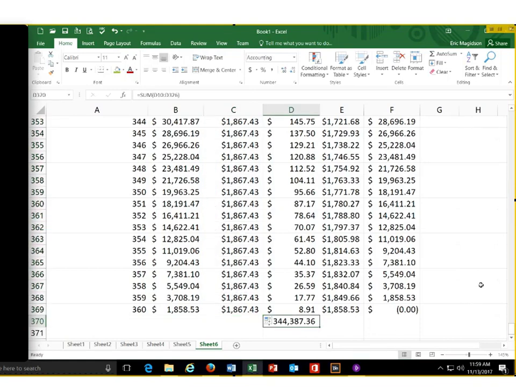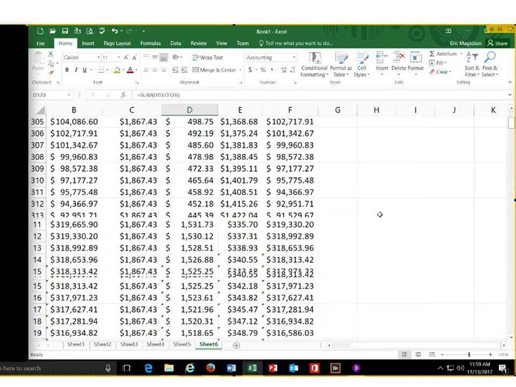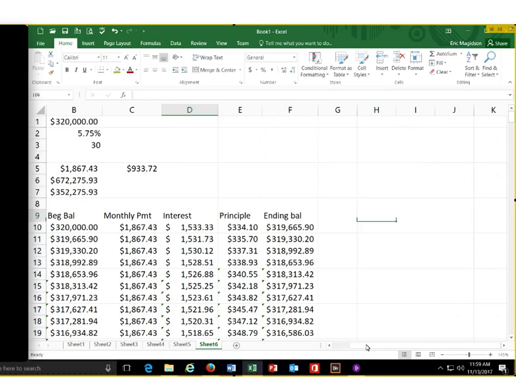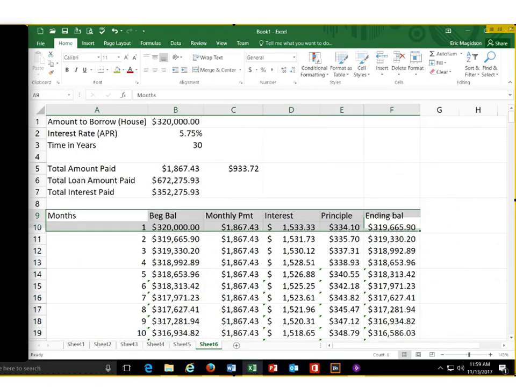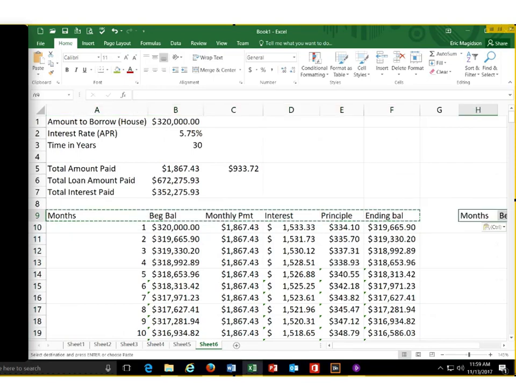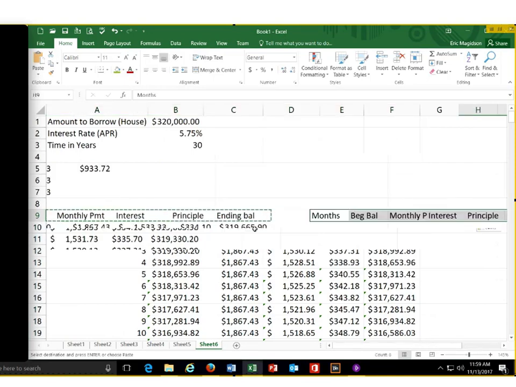Let's figure out how much it saves if I make 2 payments a month. So now, what we do is we come all the way back to the top. And now, instead of making, I'm going to take all of this. Control V. There we go.